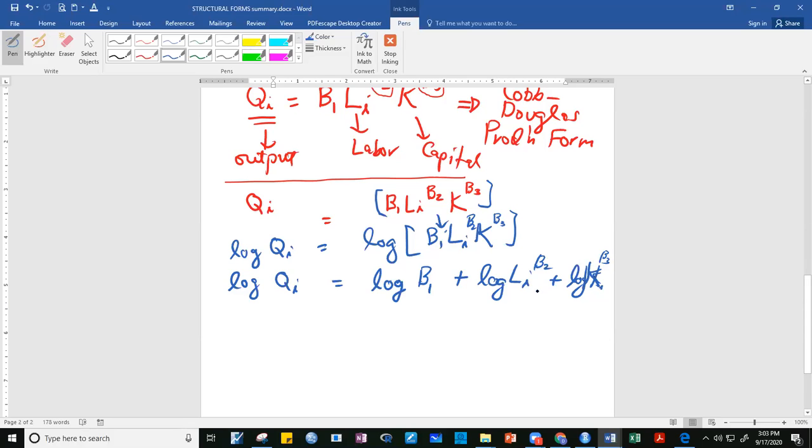Sir, hindi ba magiging B2 times log L sub I mamaya? Yes. Tama, Bern. Isi-simplify na natin. So if we simplify further, this becomes log of B1. And then kasi exponent, pag nilog natin yan, pwede ibaba yan. Nagiging multiplication yan: B2 log L sub I plus B3 times log K sub I. Sir, dalawa yung B1 mo, sir. Sorry nga pala, B2 to. Yan, thank you.